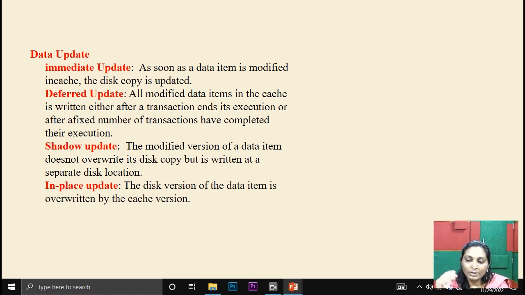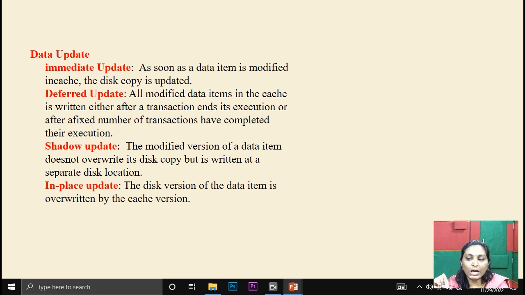In deferred update, the data will be modified in the cache and written to the database when the transaction ends or some limited number of transactions have completed. After that the data will be written to the database, that is deferred update.